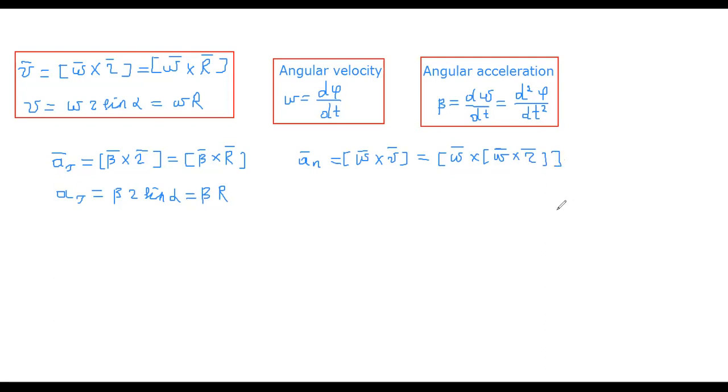We can also write this in scalar form. In scalar form, a n is equal to v squared divided by r, and it is equal to omega squared multiplied by r.